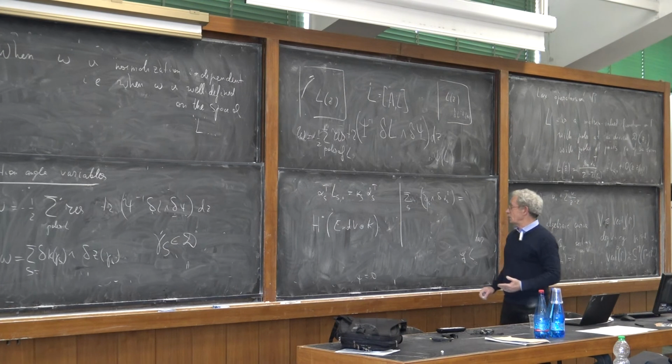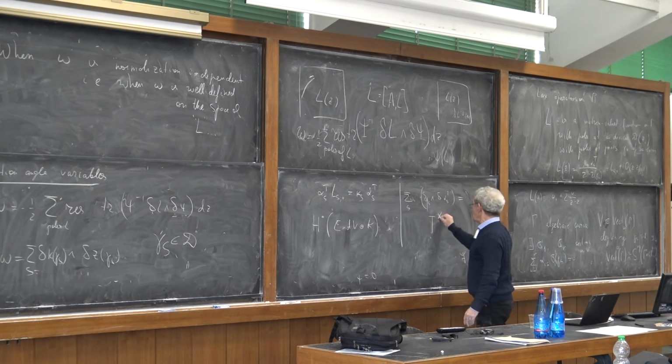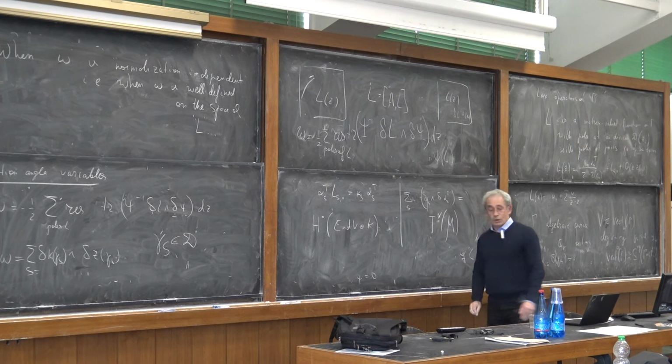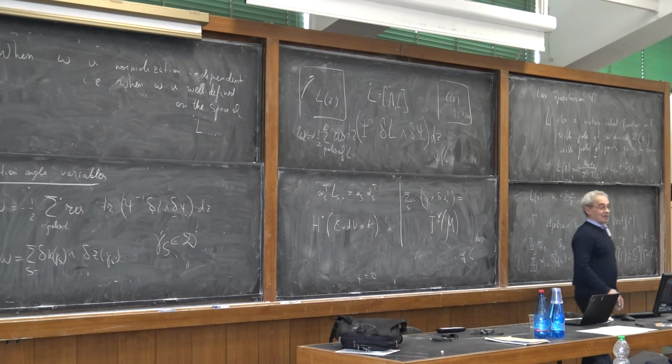So omega becomes the canonical symplectic form on the cotangent bundle to the moduli space of vector bundles on the curve. Again, the same formula works for the Calogero-Moser system, for KdV, for KP, and serves for the Hitchin system as well. The same formula, just putting a different definition of the L operator.